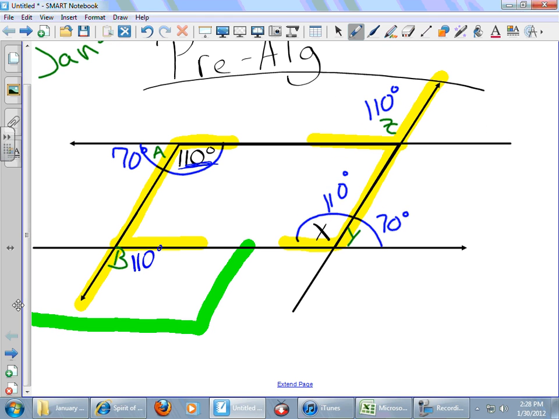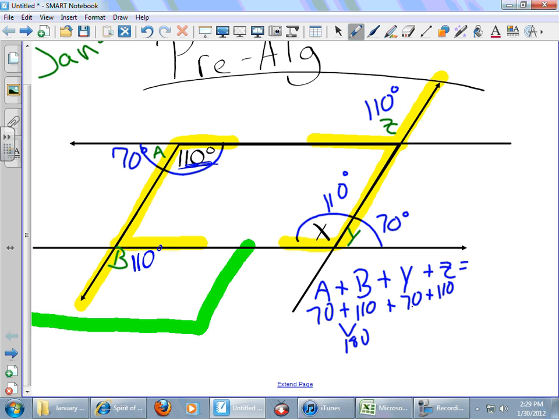What do you suppose the sum of A plus B plus Y plus Z equals? Well, A is 70, B is 110. By the way, that's 180, right? And Y is 70, and Z is 110, and that's another 180, and two 180s would make 360. Oh, that's kind of cool. I know that the parallelogram has 360 degrees.